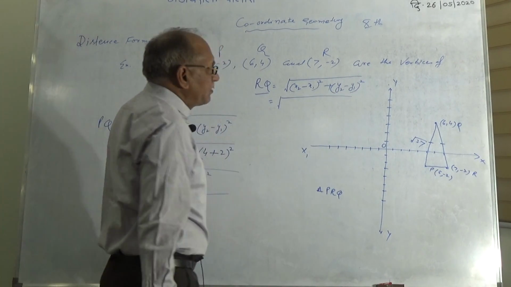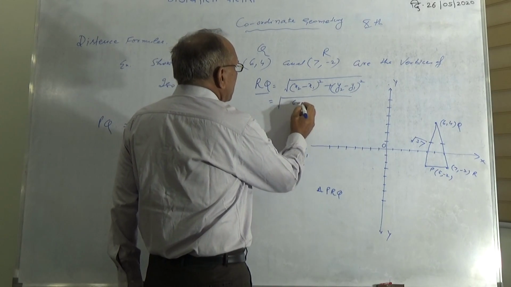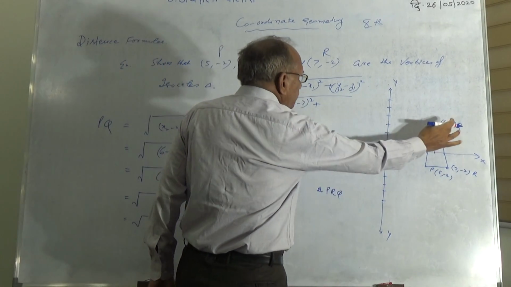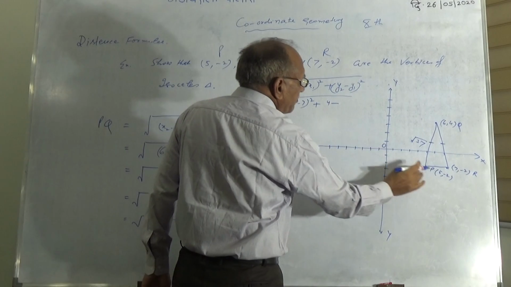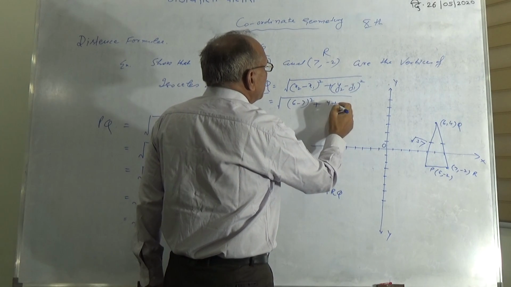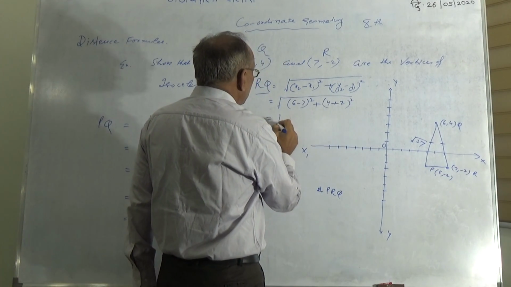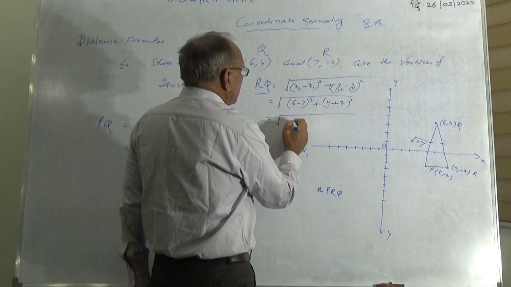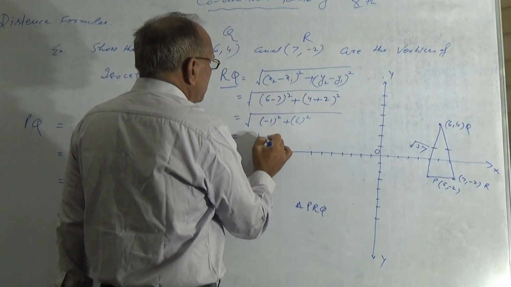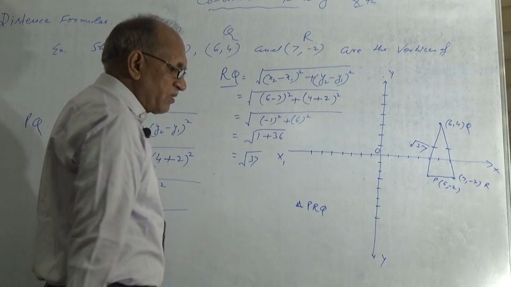Again putting the values here, x2 is 6 minus x1 which is 7, plus y2 is 4 minus y1, this is minus 2, minus minus is plus 2, square. 6 minus 7 is minus 1 square plus 6 square, 1 plus 36 is equal to under root 37.